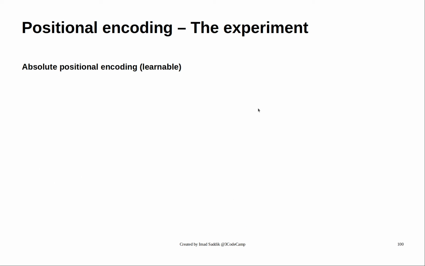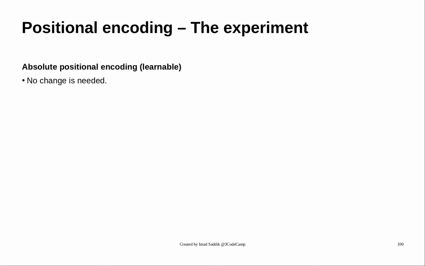The next method is absolute positional encoding, and we are going to focus on the learnable version. This is the one we used in the previous course, so no code changes are needed. You saw in VS Code that we have a script called model.py, and we are going to use that one.